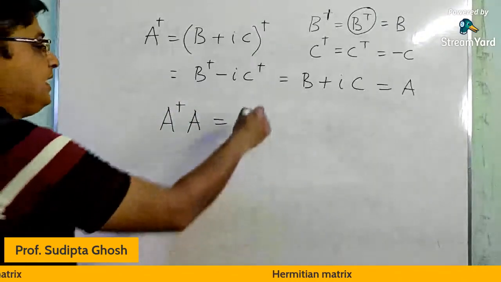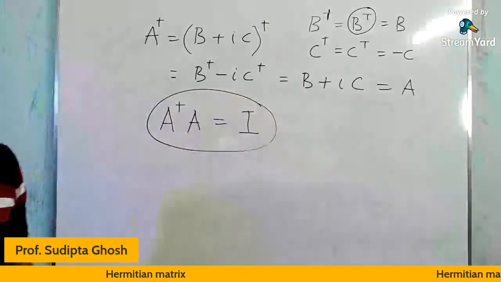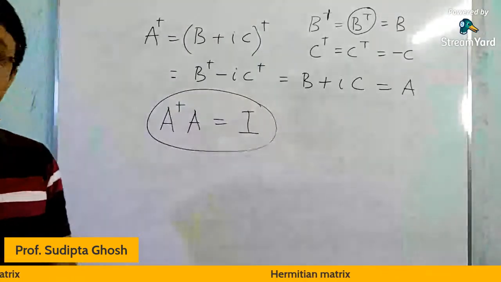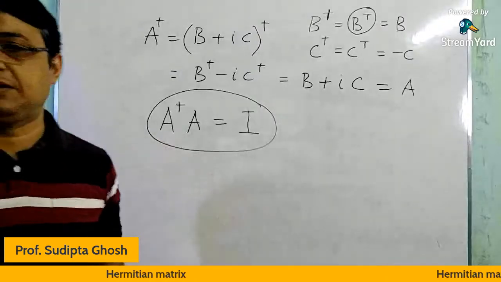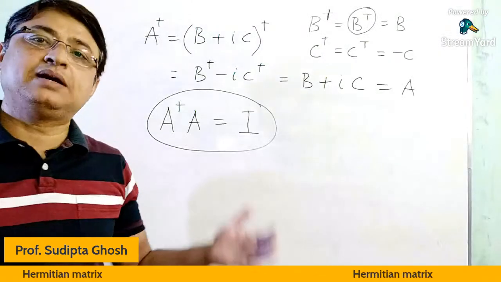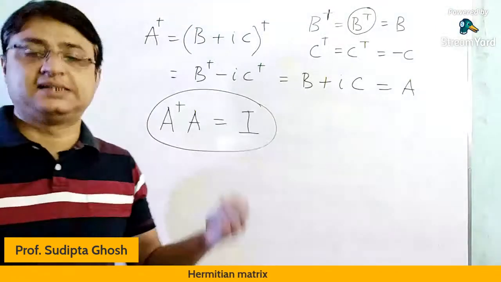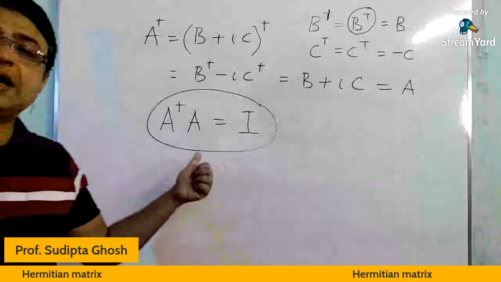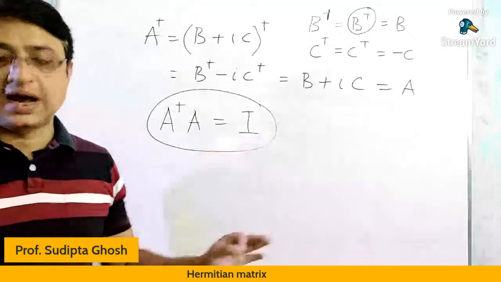So if A dagger A gives us the unit matrix I, then A is a unitary matrix. The definition of a unitary matrix is that a square matrix A having complex numbers as its elements is said to be unitary if A dagger A equals I.